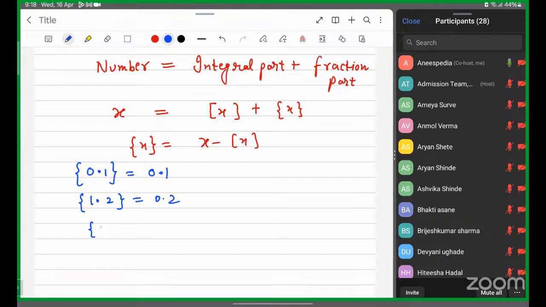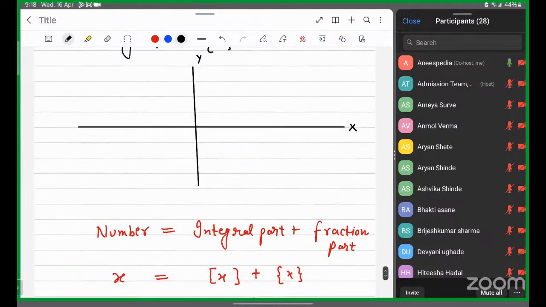If we have 3, there is no fractional part, so the answer will be 0. If we have -4, again no fractional part, the answer will be 0. But if I have -3.6, its fractional part will be 0.4.